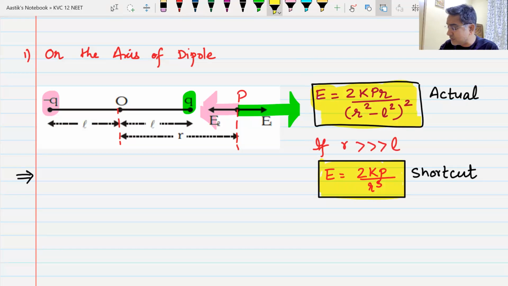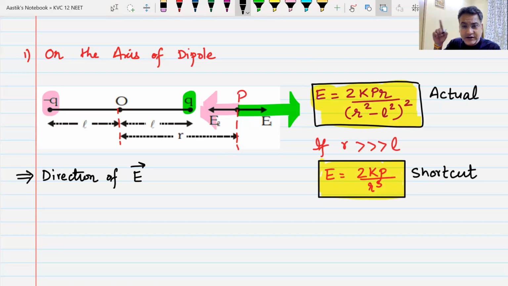The other thing that you must remember is the direction of this electric field. You can see if I have taken the point on the right side, the green charge, which is the positive charge, is stronger. So the electric field goes in the direction away from it.